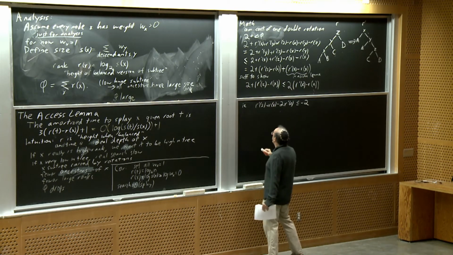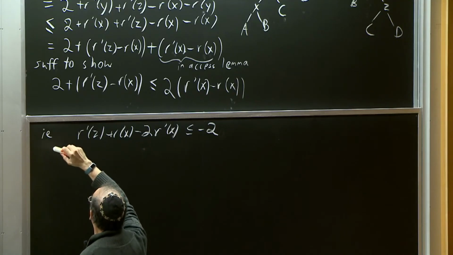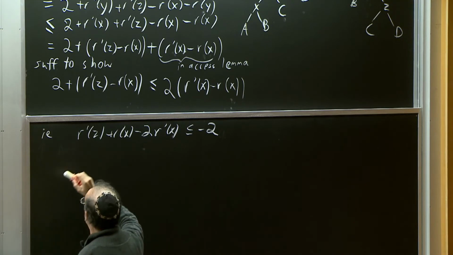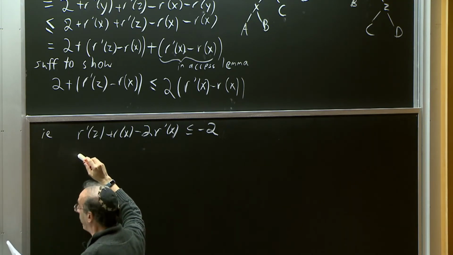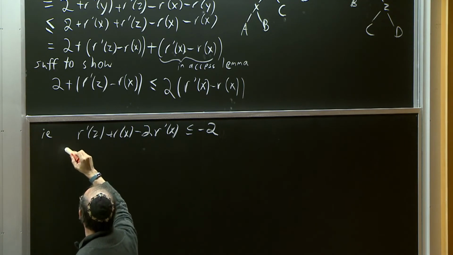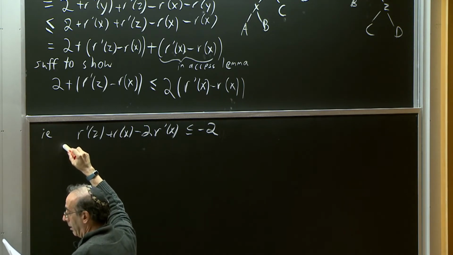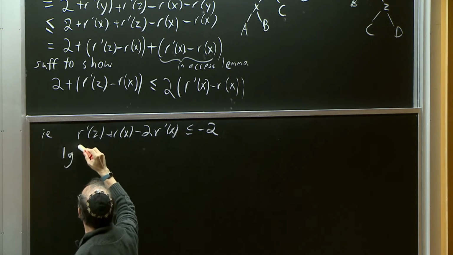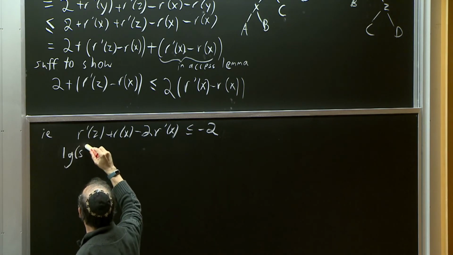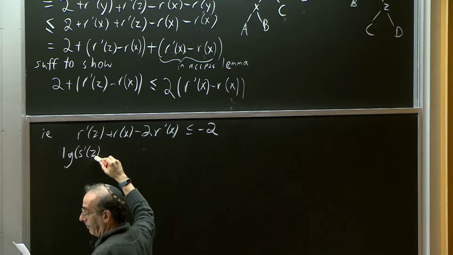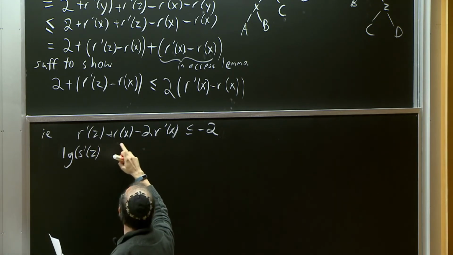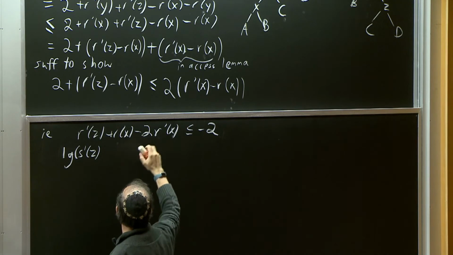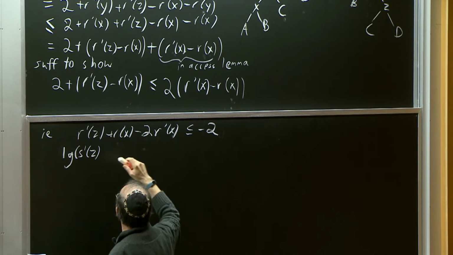But now, this is where all of this built-up dramatic tension gets resolved. Let's unpack this according to its definitions, right? This is the log of s prime of z, minus, over here, a log of s prime of x.